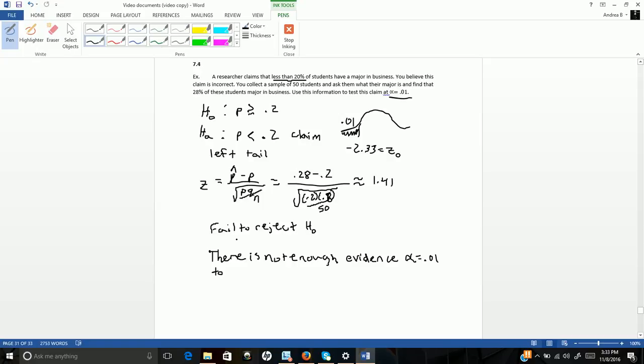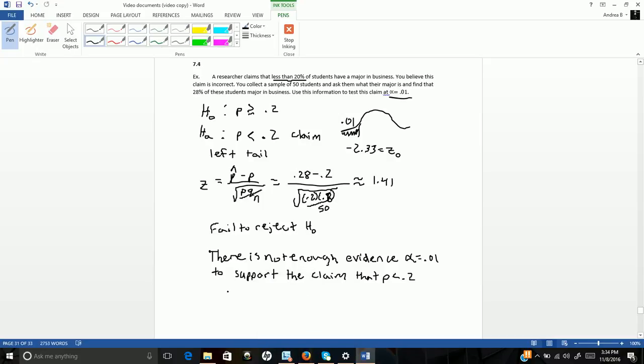So we already said we're failing to reject the null hypothesis. So in this case, that means we do not have enough evidence to support the claim, because the claim was the alternative hypothesis here. So make sure you're careful with those. So we don't have enough evidence to support the claim, and then you write out what the claim was in this case. That the p is less than 0.2.